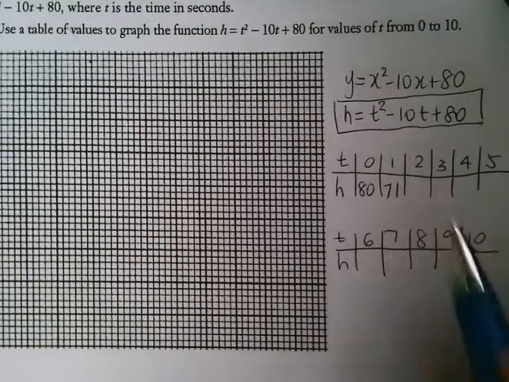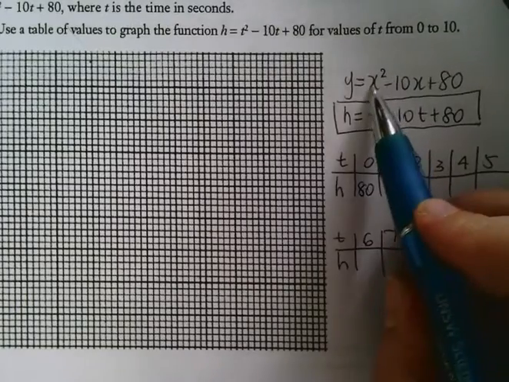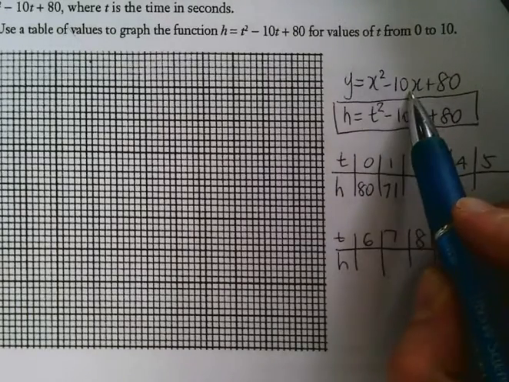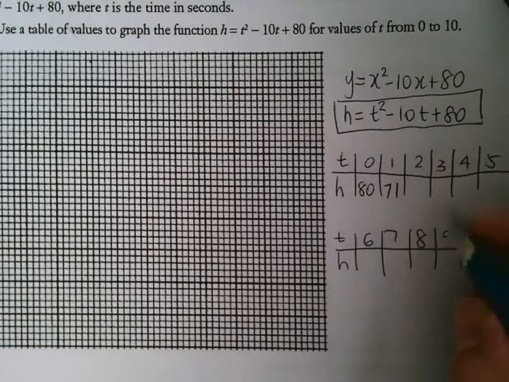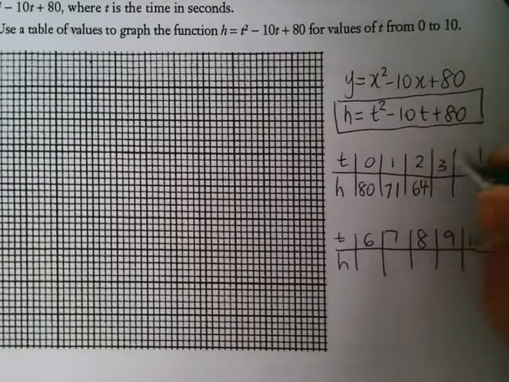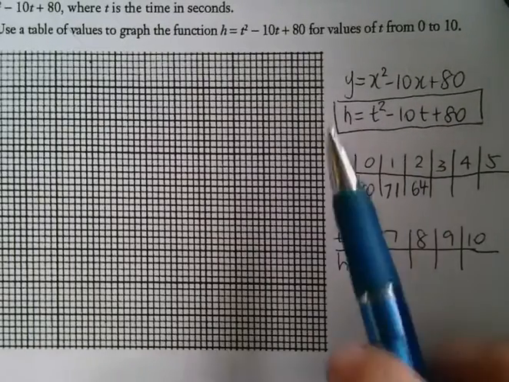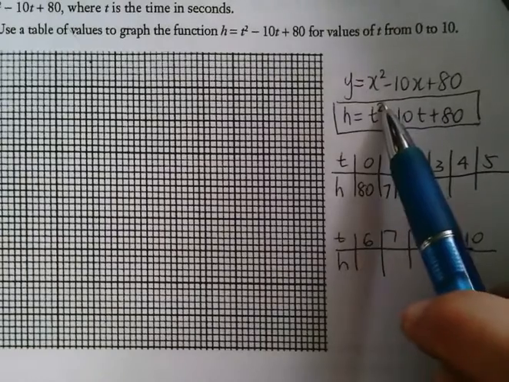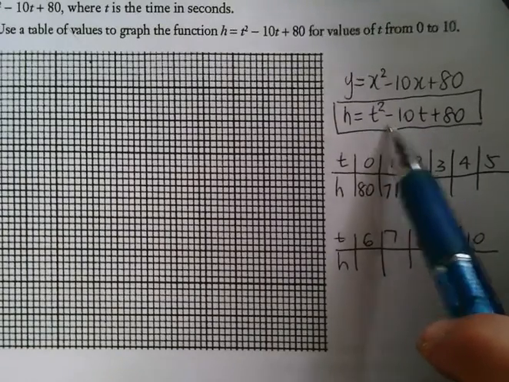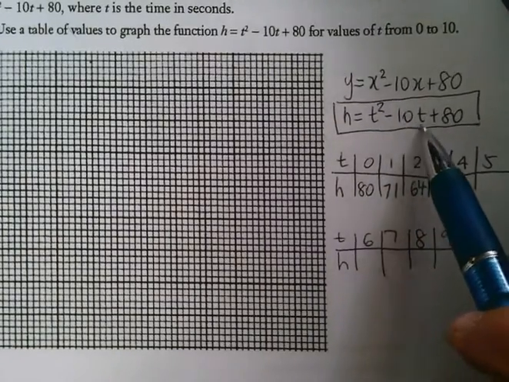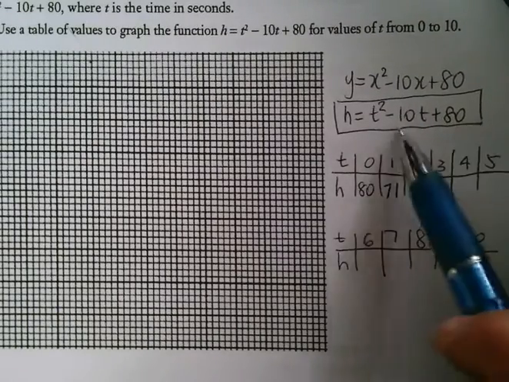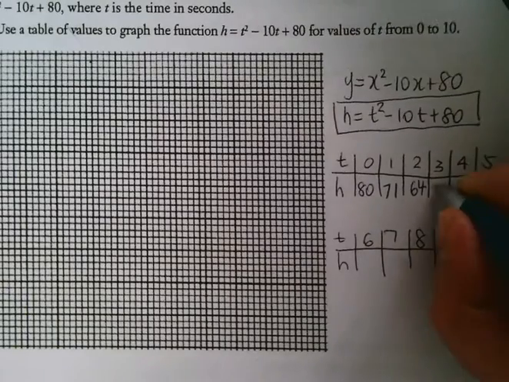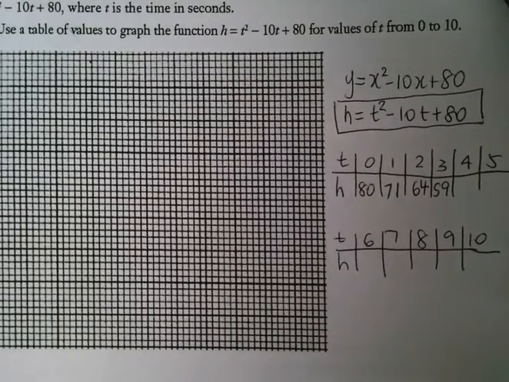Right. When t is 2, 2 squared is 4 minus 20, that's negative 16, plus 80. Is that 64 or something? Just use your calc if you want. When t is 3, 3 squared is 9, minus 10 times 3 is 30, so negative 21, plus 80, that's 59.